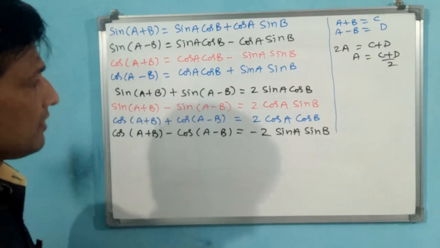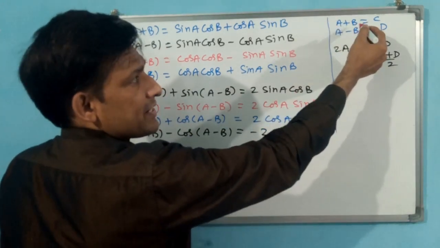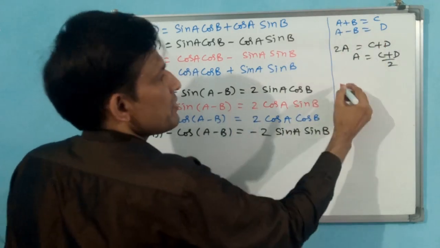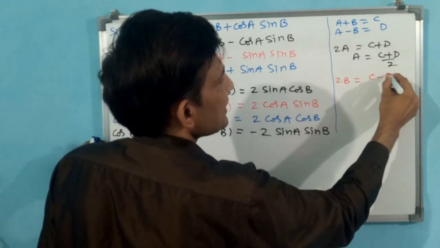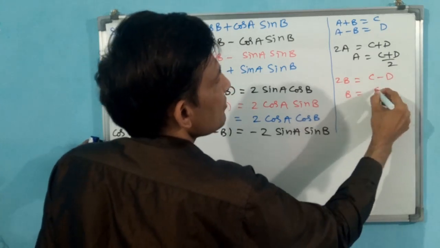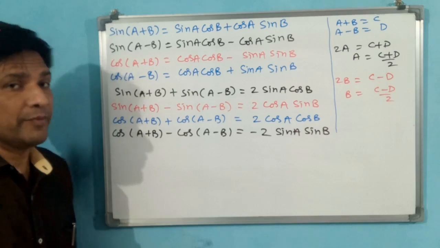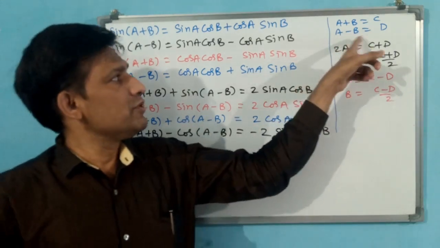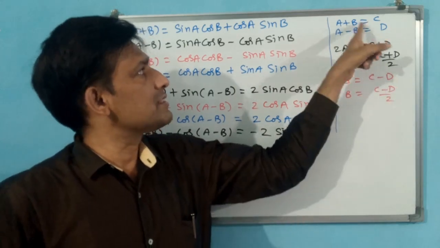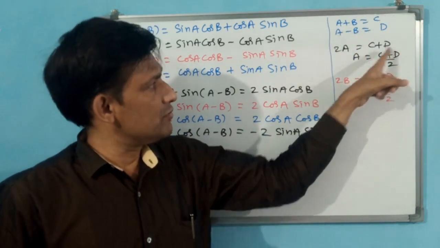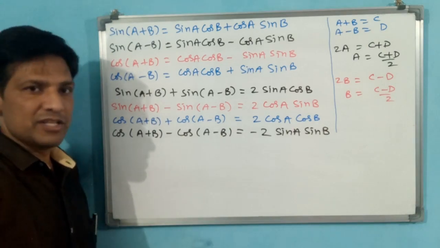But if you subtract, b minus of minus b is 2b, and a minus a gets cancelled, that is equal to c minus d. That means b is equal to (c minus d) by 2. So a minus b is d, a plus b is c; (c plus d) by 2 is a, (c minus d) by 2 is b.